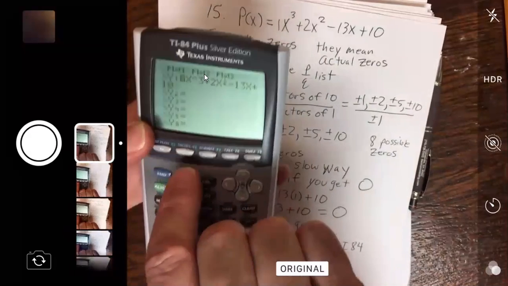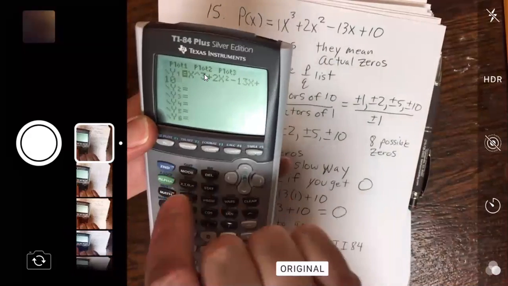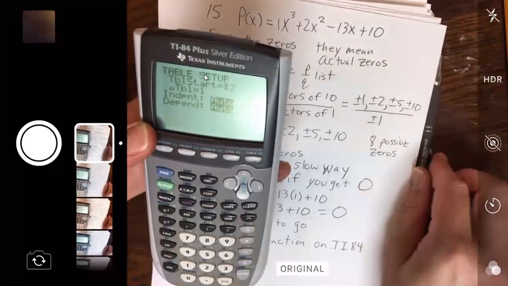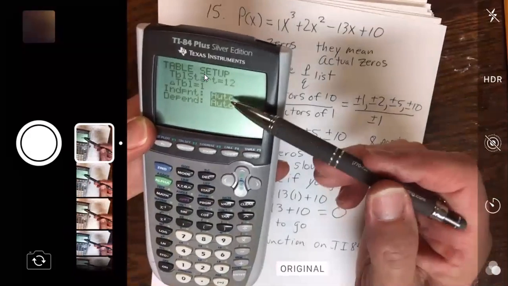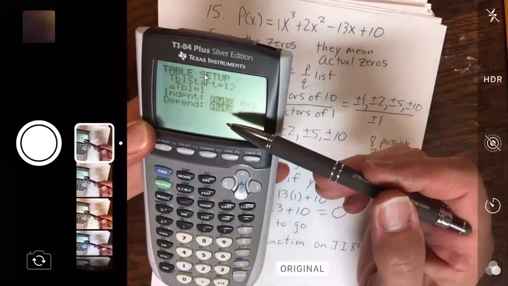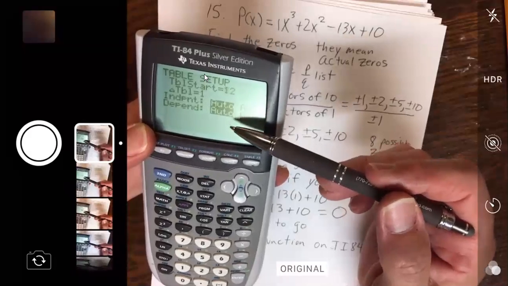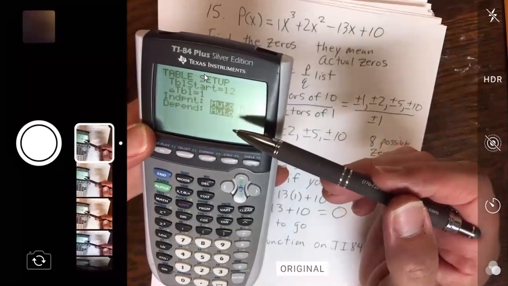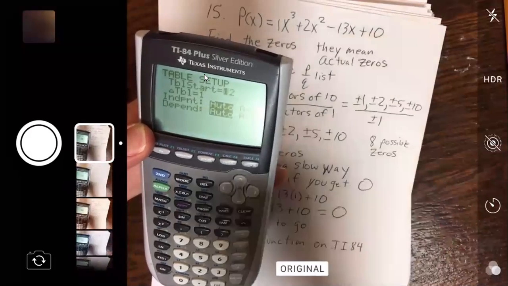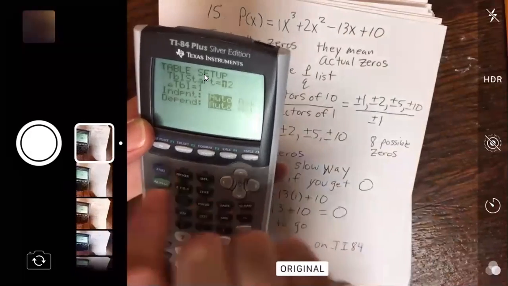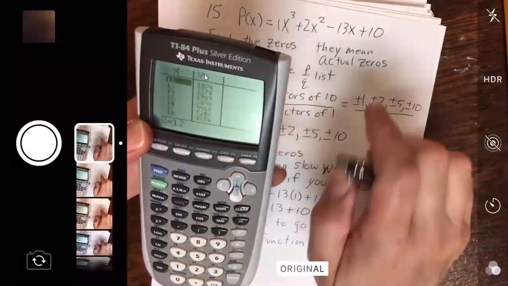What you want to do is make a stop at table set. See that table set right there? Go to second that. And to start this, make sure you're on auto for right now. And now you go to table. Second graph is table.